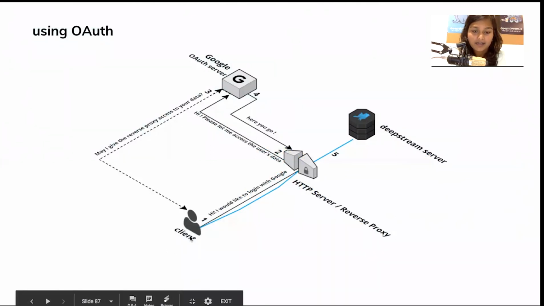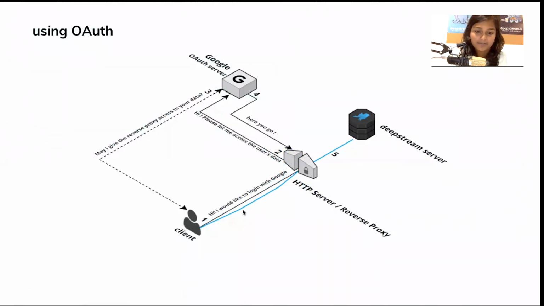There is a client, and the client sends a request to log in to your deepstream server. And of course, we have the reverse proxy. Now, the reverse proxy would ask your Google OAuth server to give the user's data, so that your reverse proxy can let your client in and do other operations with the deepstream server.